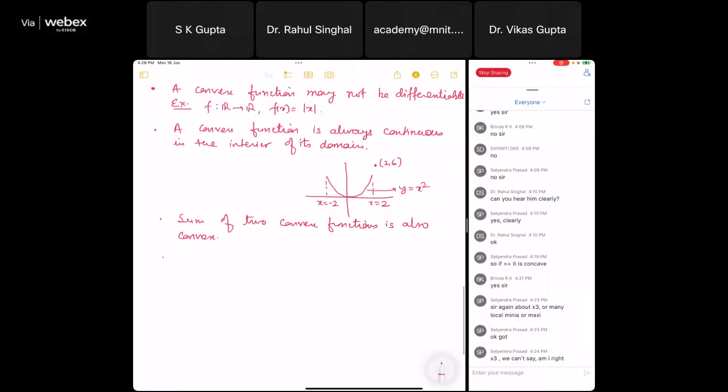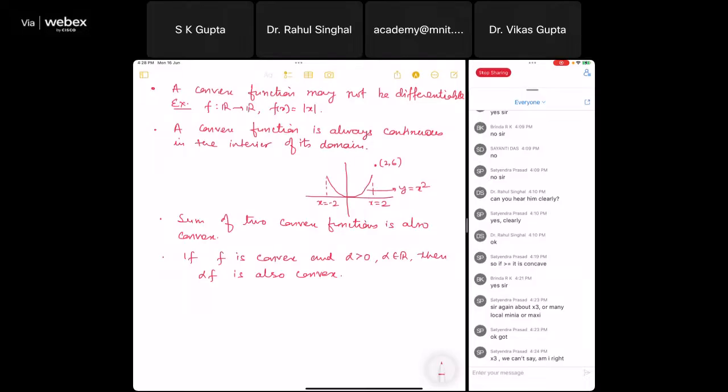In fact, if f is convex and alpha is greater than 0, alpha belongs to R, then alpha times f is also convex. So these are some basic properties of convex functions.